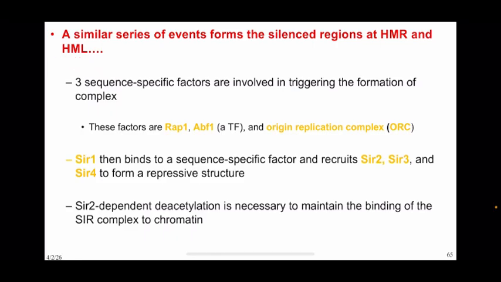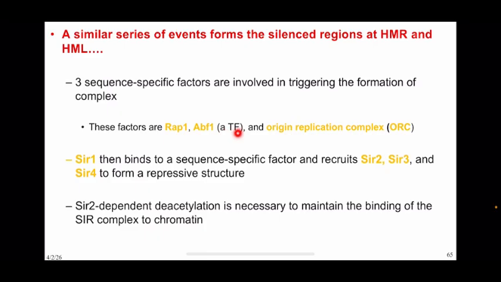Even though they are similar, it's not exactly the same factors. In heterochromatin formation at telomeres, it was only RAP1 that recruits cell2, cell3 and cell4. But in silencing these two genes, there are three sequence specific factors involved in triggering the formation: not only RAP1 but also EBF1 and ORC.